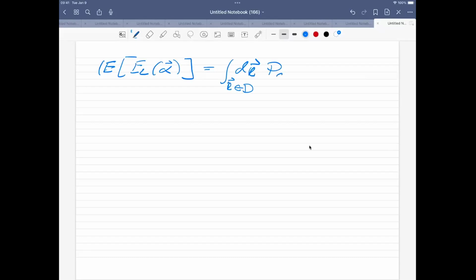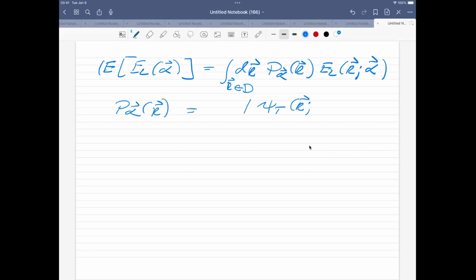So we have this probability distribution, which depends on these parameters alpha. We have r, and then we have the local energy, which depends on the positions of the particles and the variational parameters. And just to quickly remind you, this P of alpha of r is then simply the quantum mechanical probability distribution for the trial wave function.